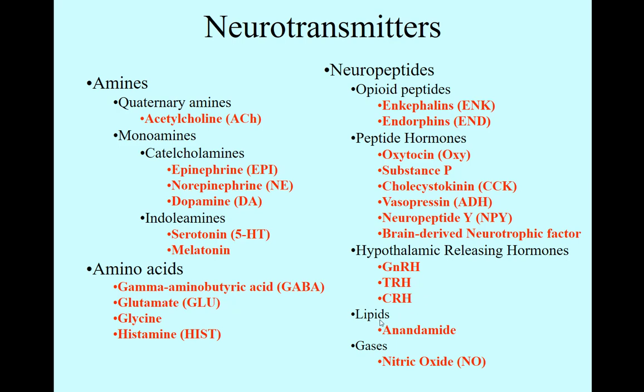And of course we have fat-based hormones. Anandamide we talked about. I should say cannabis is an agonist for anandamide. Anandamide is the natural cannabinoid in the system. And of course, some neurotransmitters are gases like nitric oxide. So generally, this is an organized structure of them.